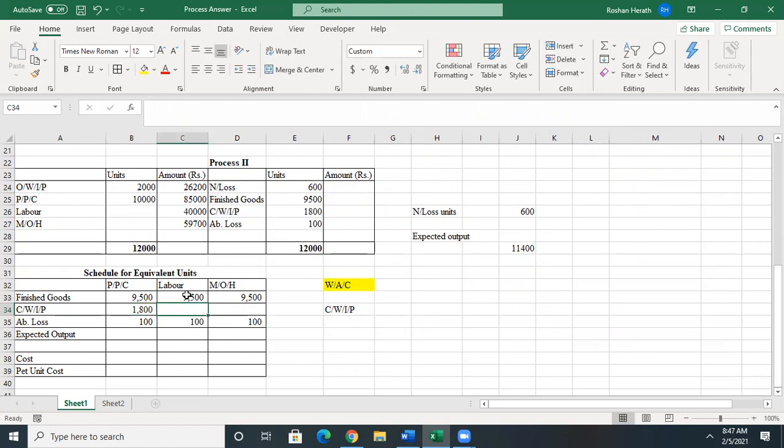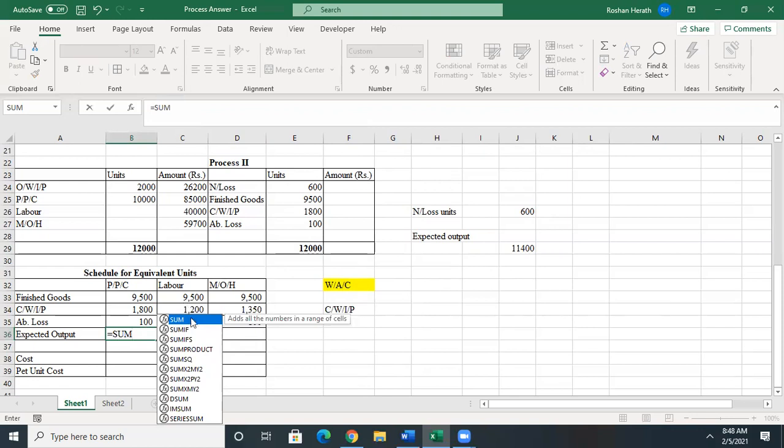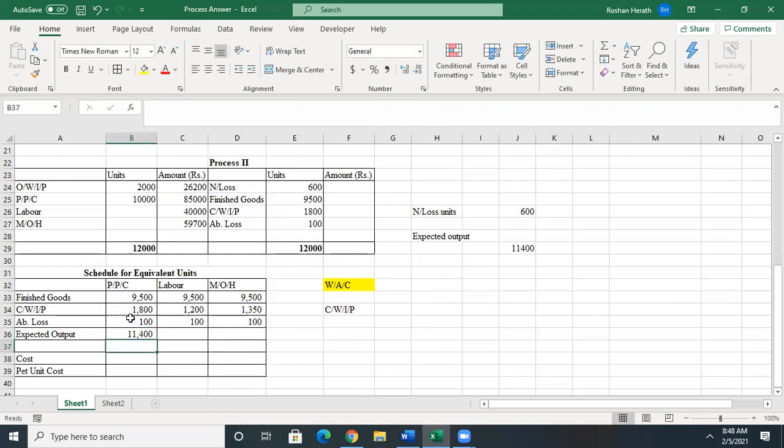No problem. But the labor, it's only 2/3. It's 75%. 1,350. So you can take the expected output: 11,400, 10,800 and 10,950.